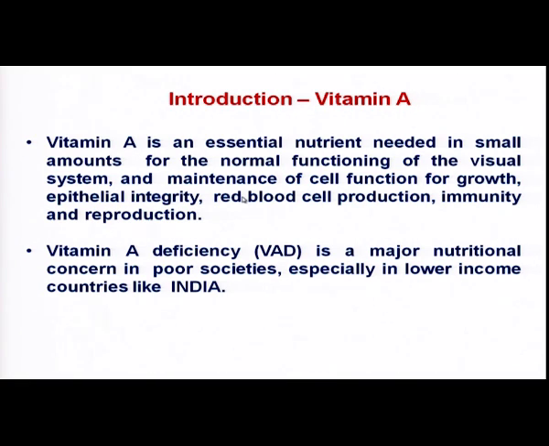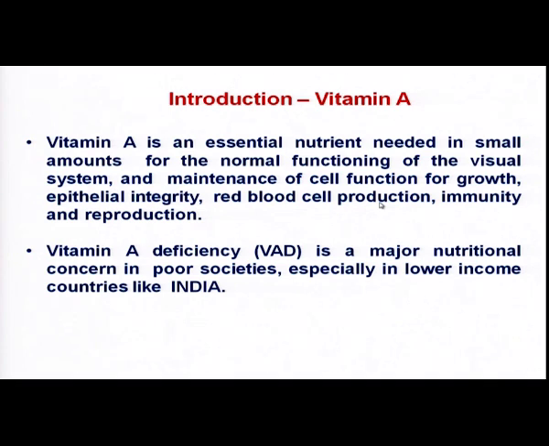To be very precise, the biochemical study of vitamins, especially fat soluble vitamins, started only from the beginning of the 20th century. As you look over here, vitamin A is an essential nutrient, and it is needed in very small quantity, and the moment you talk about vitamin A, immediately you associate this with the visual system.